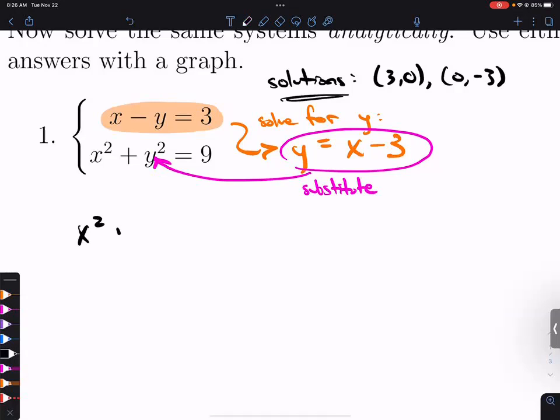So x squared plus, in place of y, I'm going to put x minus 3, because I just figured out that y is the same thing as x minus 3. So this is the second equation with x minus 3 substituted in for y.